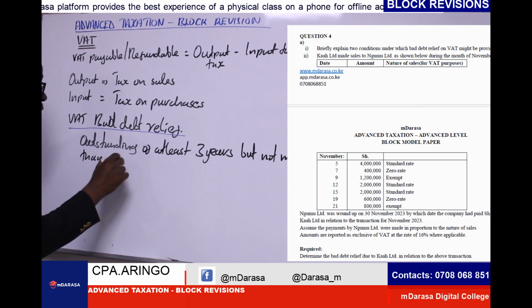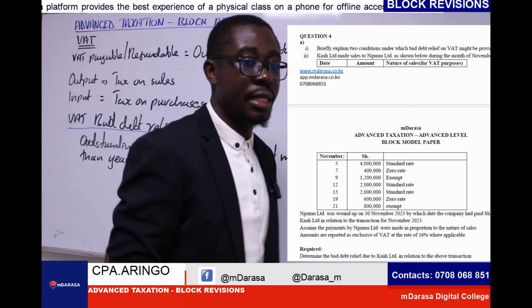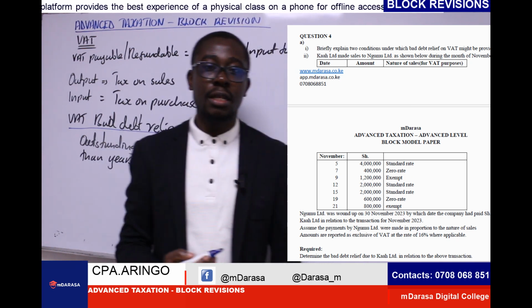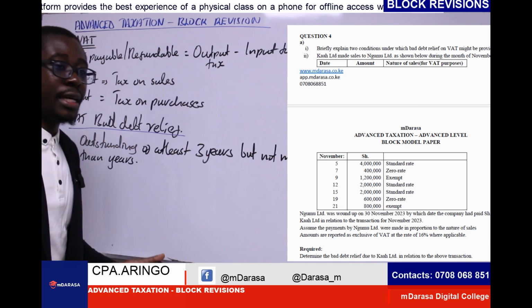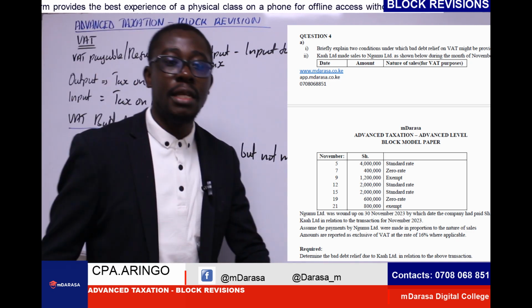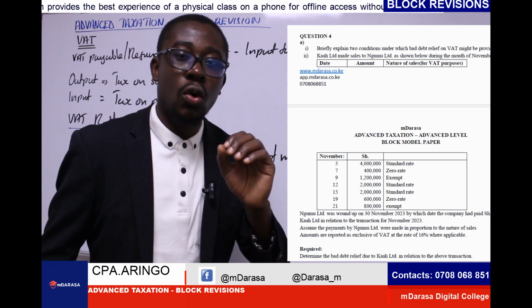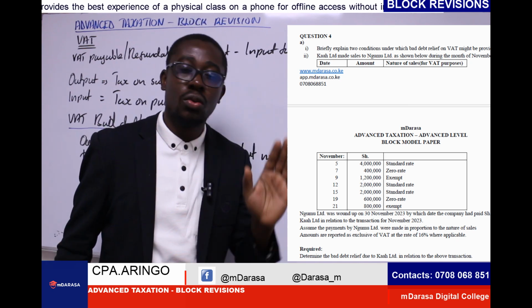You see? So these are the conditions if at all you are to be granted the VAT bad debt relief. Condition number one, the debt of a taxpayer must have been declared bankrupt or insolvent, meaning that this person won't pay that value anymore.